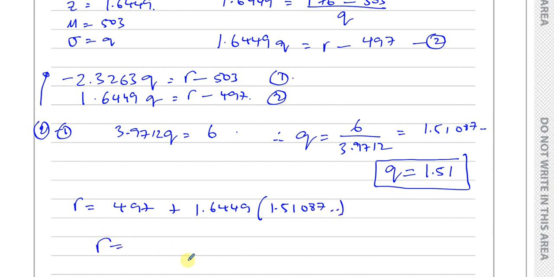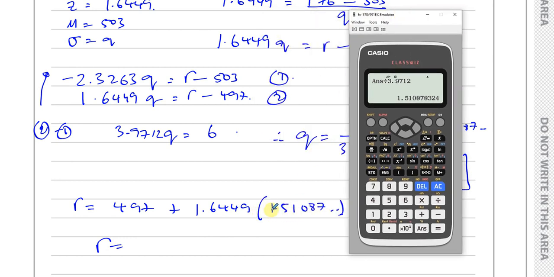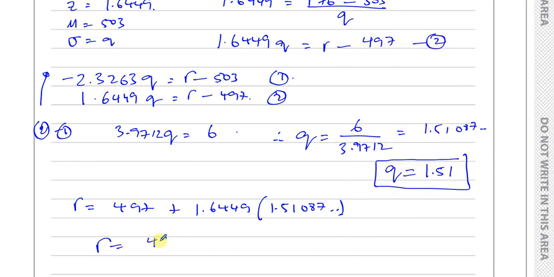So we take our calculator value for Q and multiply it by 1.6449, then add 497. That gives us 499.4852, and so R is equal to 499 to 3 significant figures. And there we have the answer.